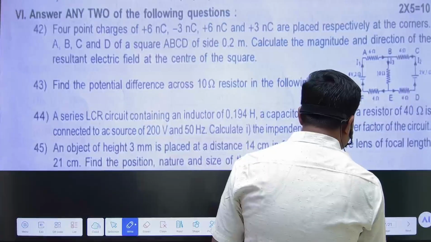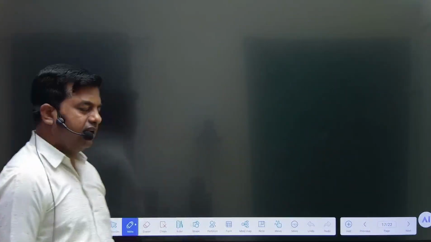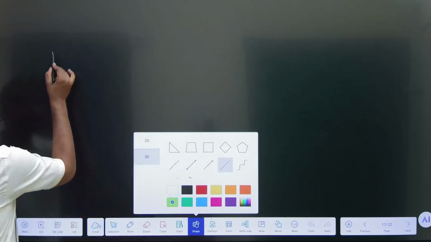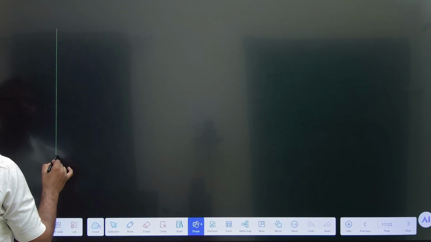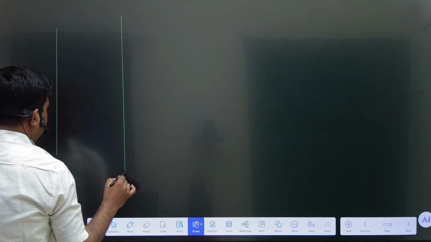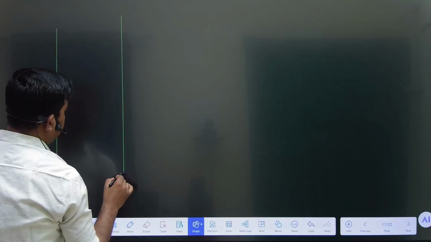You are given that current flows in opposite directions. So these are two infinitely long straight parallel current carrying conductors. Clear to you?